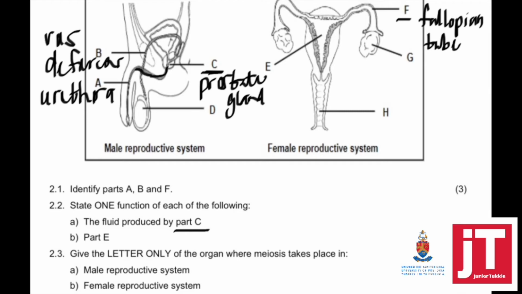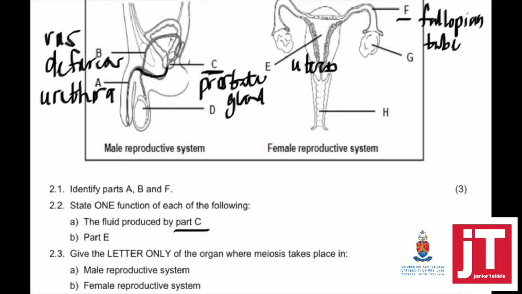Part E. Part E is the uterus. So let me write uterus. So again, they don't ask you what part E is, but you must include the label in your answer. So E is the uterus, and here they only want 1, so think of your best answer. The uterus protects the fetus, allows for the development of the fetus, maintains pregnancy.